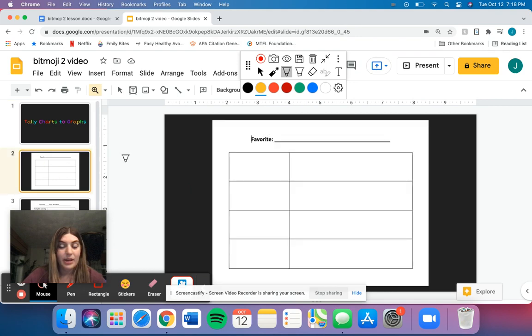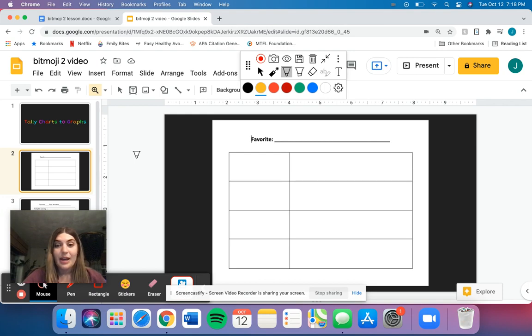So this is a tally chart, a blank tally chart. And up at the top, I wrote favorite because that's going to be the topic of our tally charts. And for my example, I chose favorite fall activities.